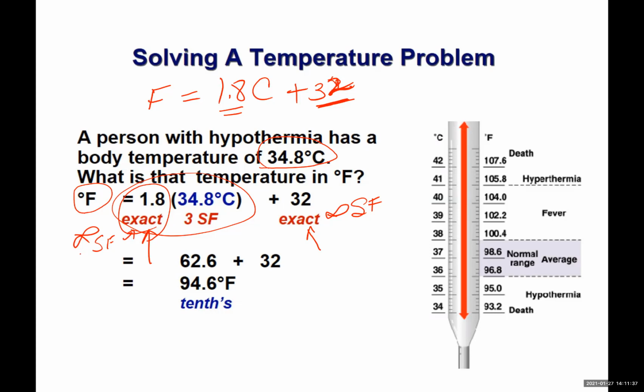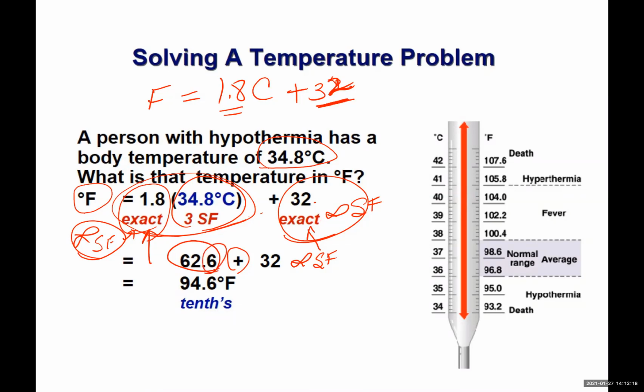And we are adding these things together. So this one has infinite decimal places. We are multiplying 1.8, which has infinite significant figures, by a number which has 3 significant figures. So here you must end up with 3 significant figures. And you're adding these two together. This number is exact, infinite significant figures. That means infinite decimal places after 32.